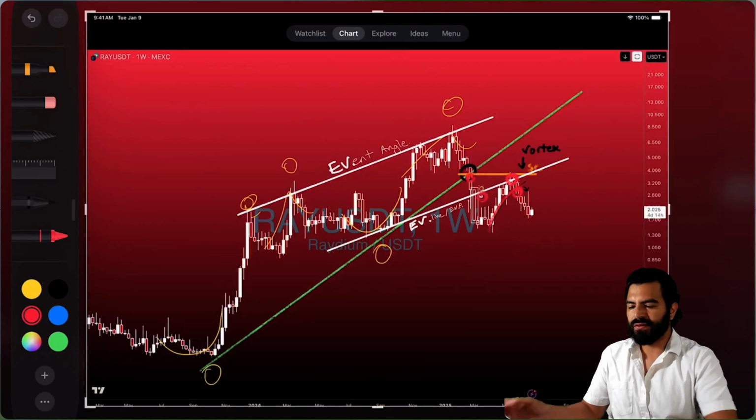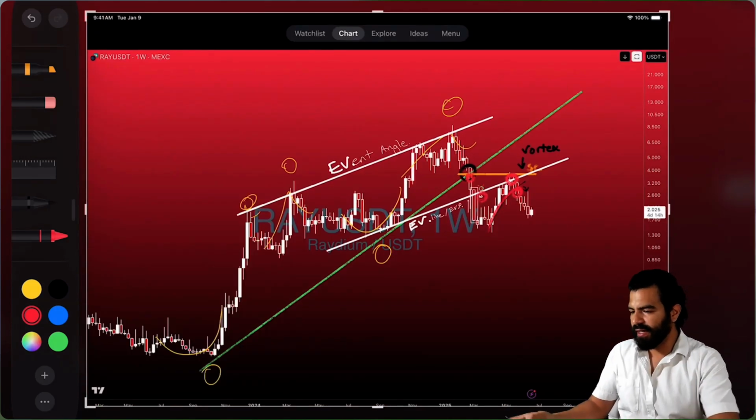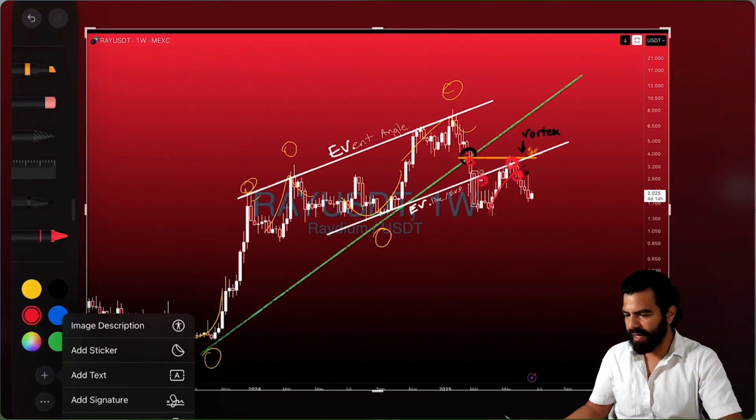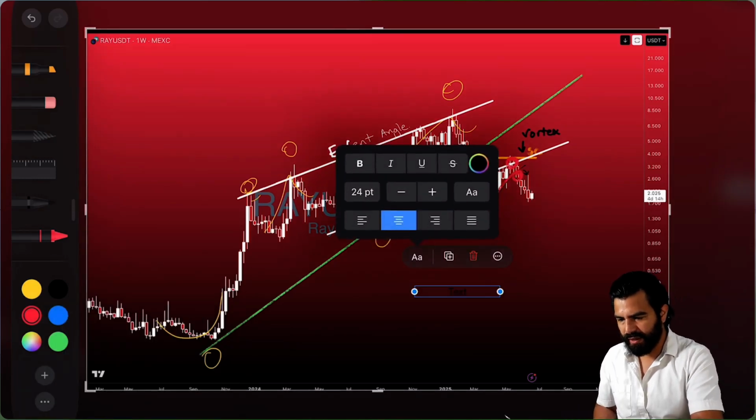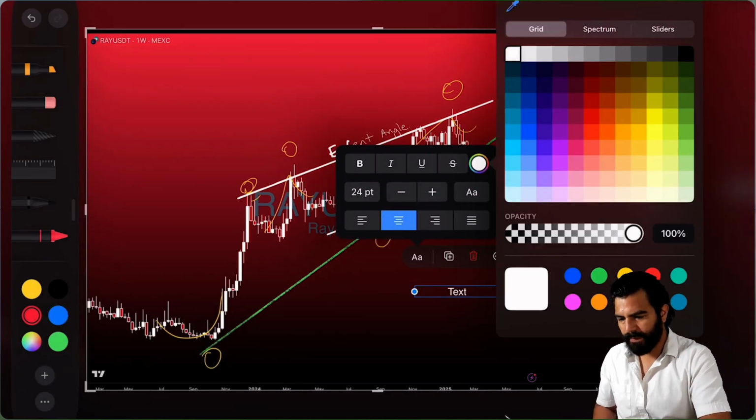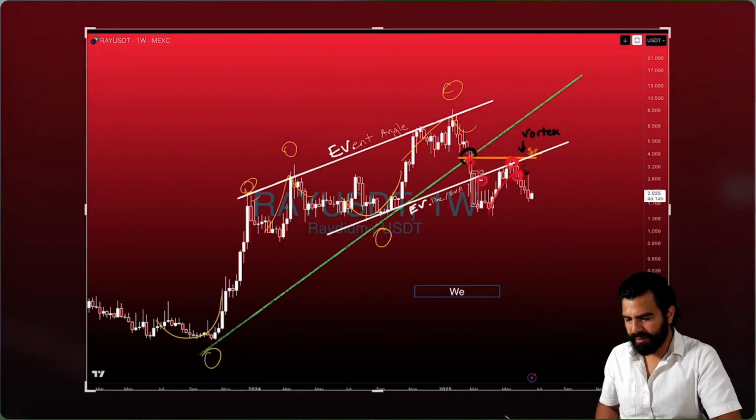Okay, so I'll mark this down with an image. Let's add some text, and I'm going to take a white. I'll type in weakness number 1.